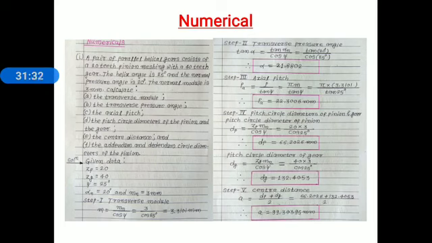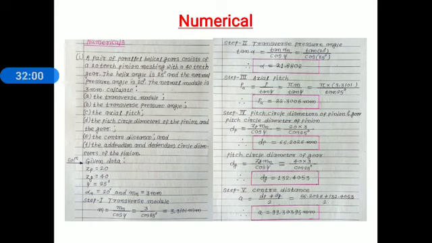Next parameter, pitch circle diameter of pinion and gear. Pitch circle diameter is small d suffix p. First of all, we find the pitch circle diameter of pinion, denoted by d suffix p, and that is z suffix p into normal module divided by cos psi. Number of teeth on a pinion is 20. Normal module is 3 millimeter divided by cos 25 degree.